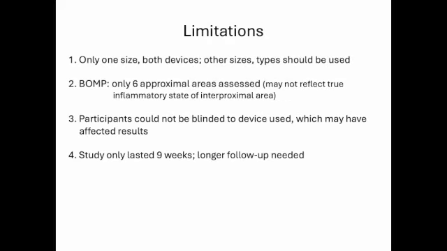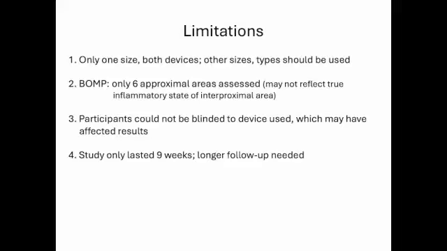Limitations, you always talk about limitations because no study is perfect. They only looked at one size for both devices. So different sizes might show different results. They only assessed bleeding in a couple of areas, so it might not reflect the true inflammatory state. Not much you can do with number 3. You cannot blind people to the type of device they're using.